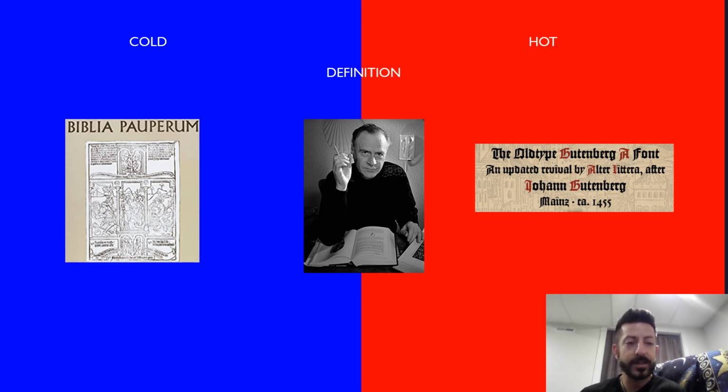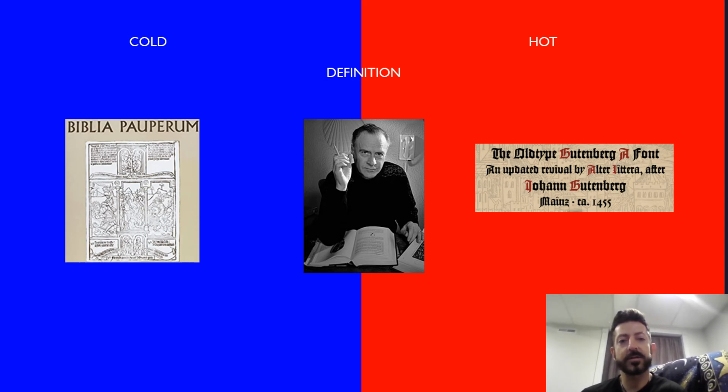McLuhan stated that if the cold medium involves the viewer a great deal, the hot medium will not. He further stated that typography is a hot medium in that it involves the reader less than the manuscript, and that comic books, television, and woodcutting are cold in that they involve the user as maker and participant.